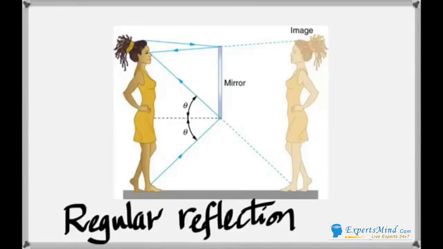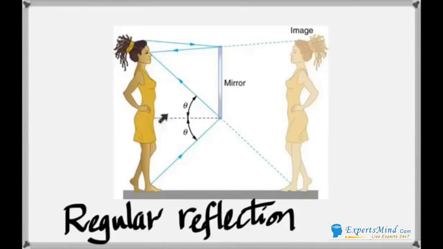Now, what about the size? Same size. Is it upright or inverted? Upright. And what about the position? Look at the position. Same distance behind as the object is in front. Now, DO is called the object distance. It's going to be measured from the reflecting surface.